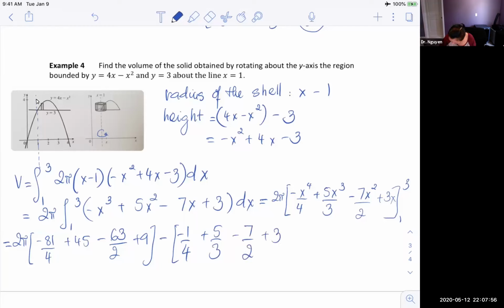And we calculate that. Don't forget to multiply by 2 pi. So the answer is 8 pi over 3.